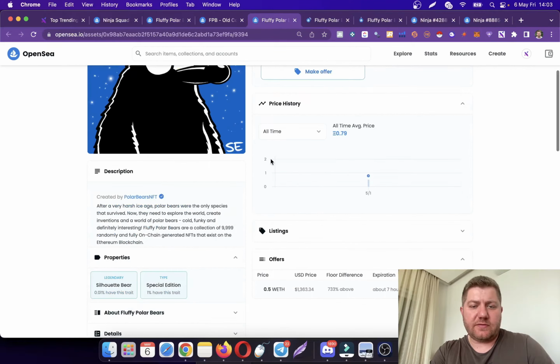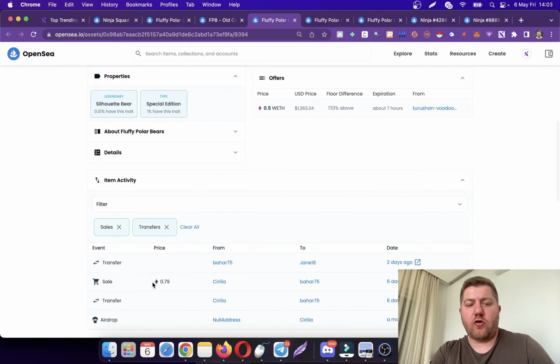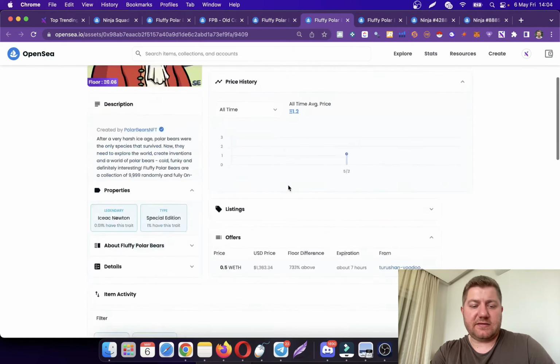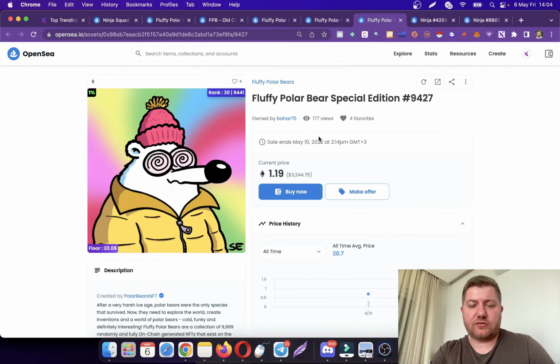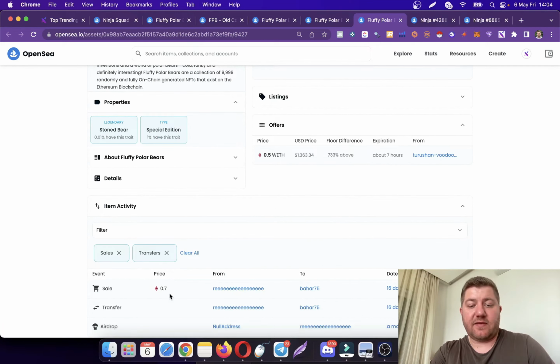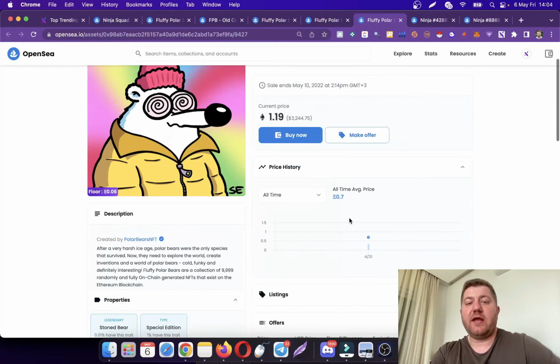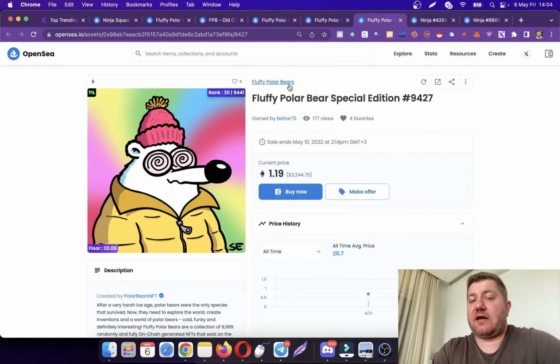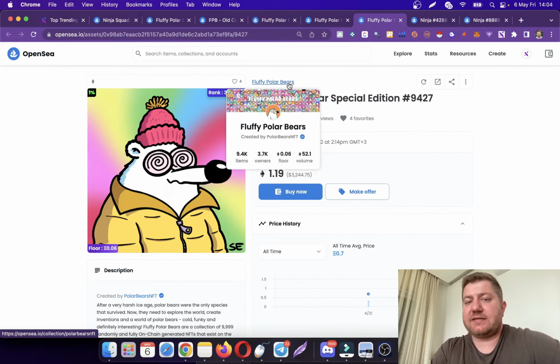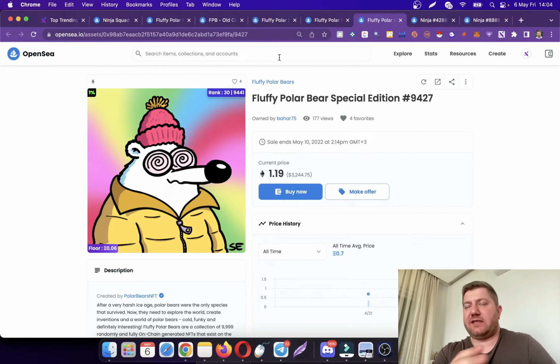So yeah, this one was sold for 0.79 6 days ago. And then this one wasn't sold with an offer. This one was actually sold for 0.7 to Bahar 75 as well 16 days ago. So you can actually see that bids are working on special traits like this. I'm showing you more reasonable examples.